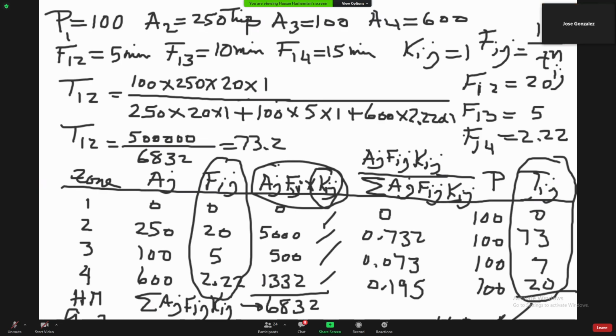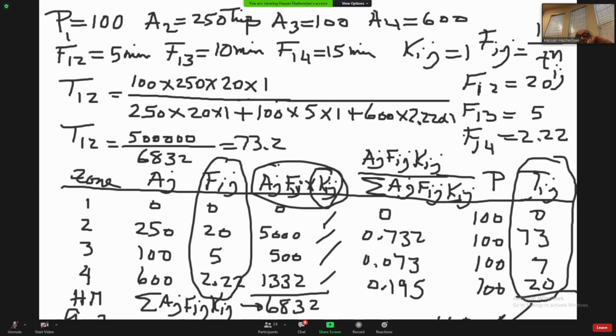Now that n, we don't know what it is in this problem. Okay, so if you knew that, you could do that. That makes sense. I thought that's how they did it, but the rest of the numbers don't match that. So they just gave you the Fij in this case. If they give you only the travel time, you can put it there, but then you have to know what the n is. Okay, sounds good. Thank you. All right. Any other question?